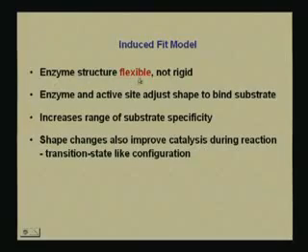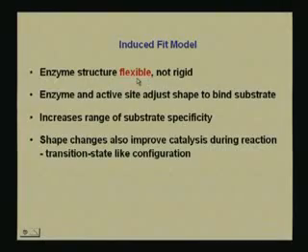Now why will I say that this is flexible? Why can I say that the enzyme structure is flexible? Because we have all those torsional angles, we have all the bending that can occur, a slight change in what? In the polypeptide chain that can occur. And if this happens to occur near the active site just to accommodate the substrate, then we call it an induced fit model.